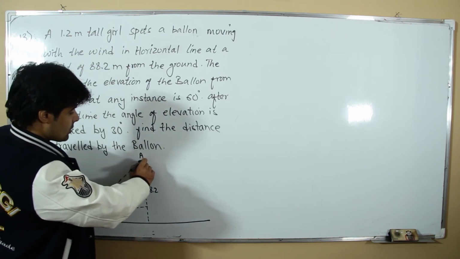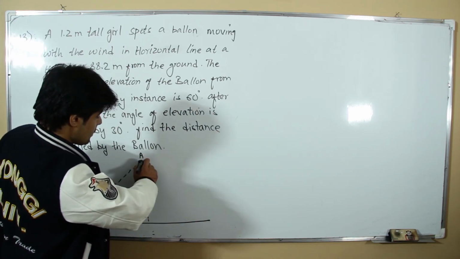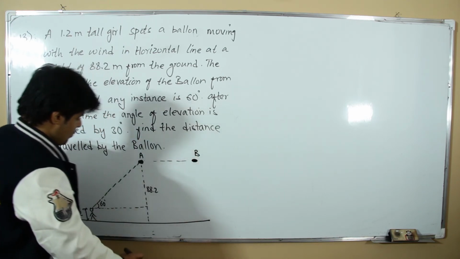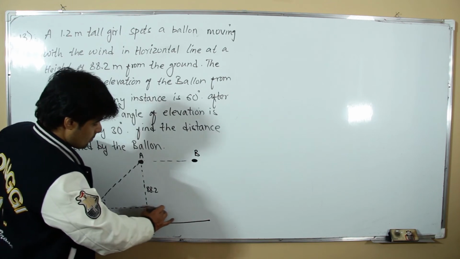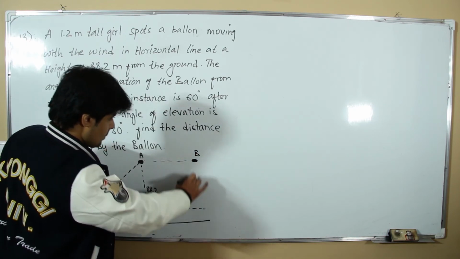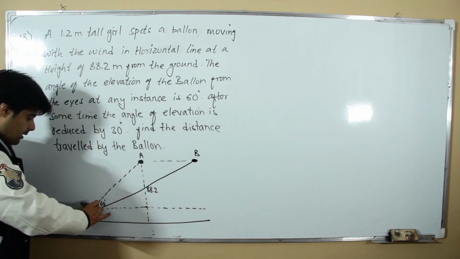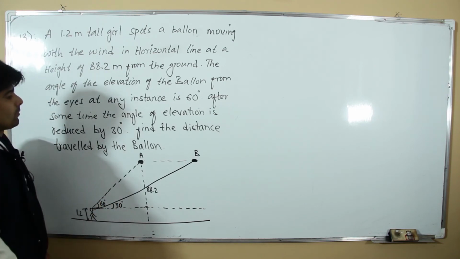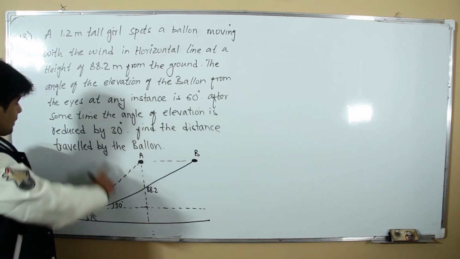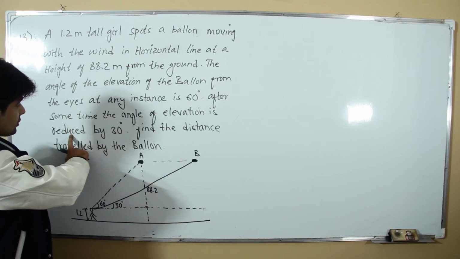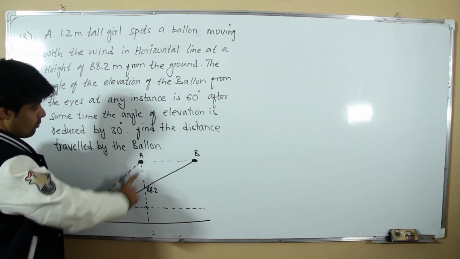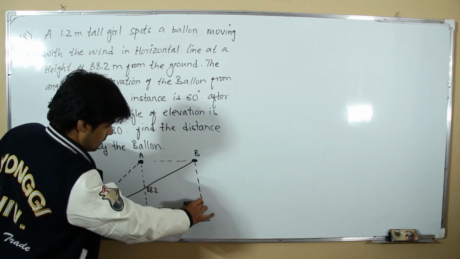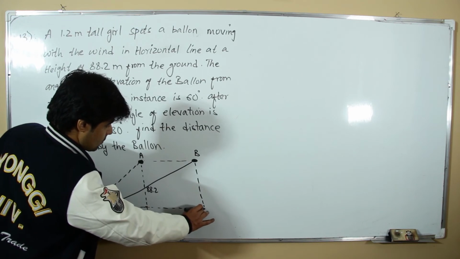It means this one moves here. Now, when she looks, this is the angle of elevation. This one is 30 degrees. After some time, the angle of elevation reduced by 30. Now find the distance traveled by the balloon. You have to find this distance, this one, x.